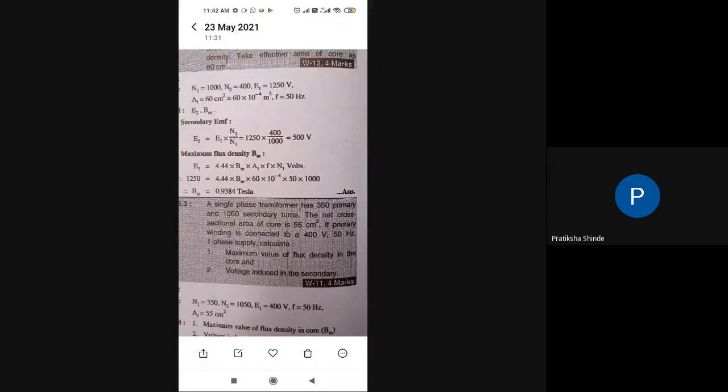Given here: N1 is equal to 350, N2 is equal to 1050, E1 is equal to 400, F is equal to 50 hertz, and area is equal to 55 into 10 raised to minus 4 meter square, because it is converted from centimeter to meter.